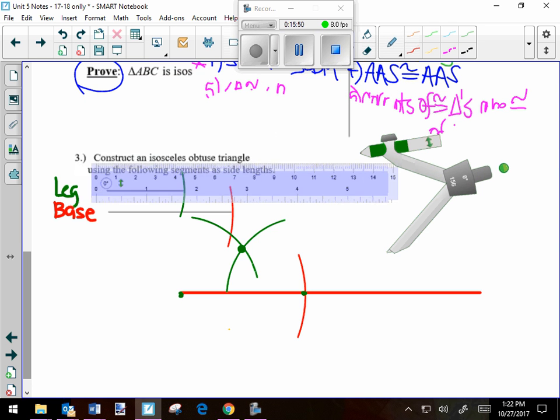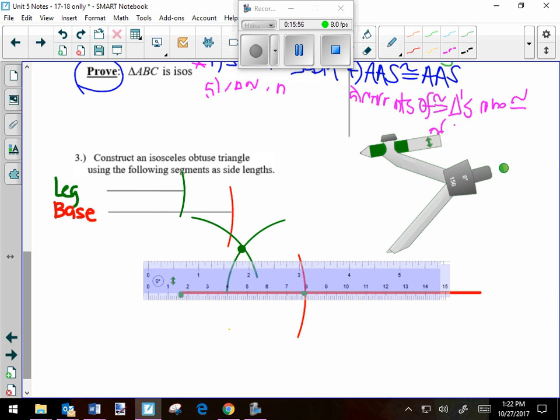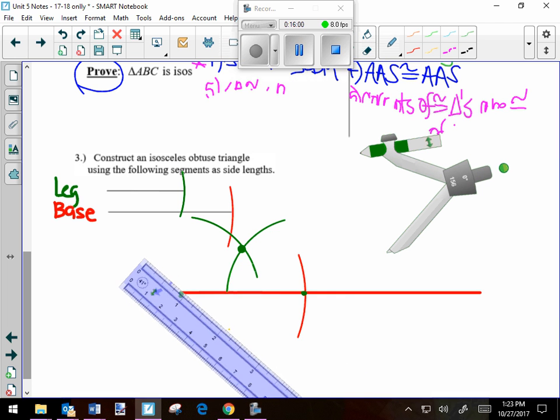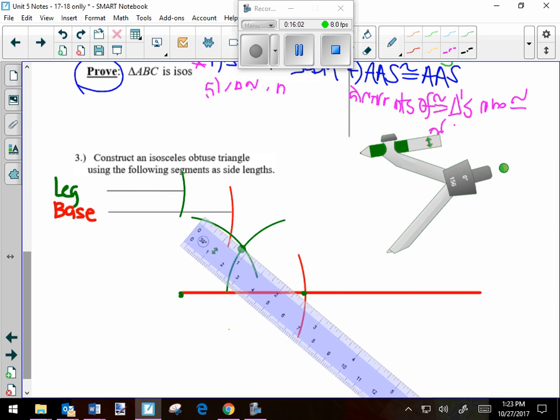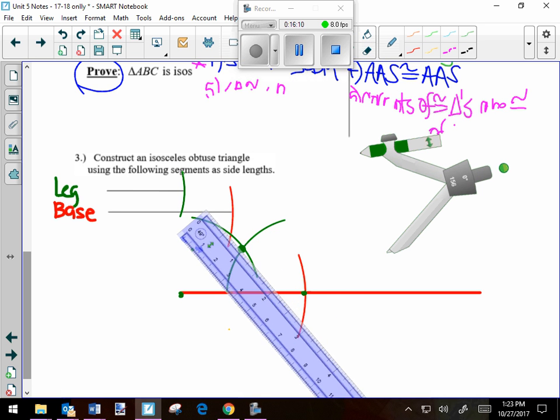So I'm going to take my ruler and line it up over here so I can get this one. No, that does not want to work right.